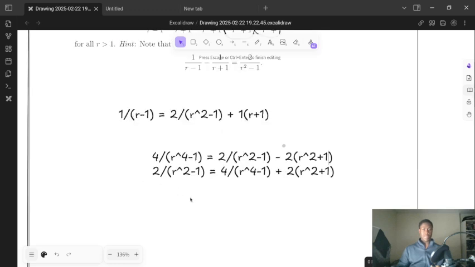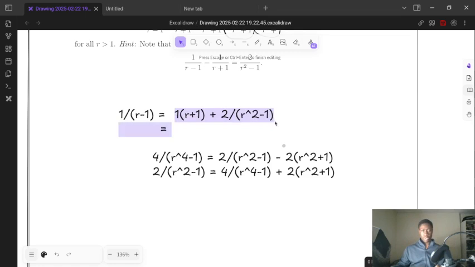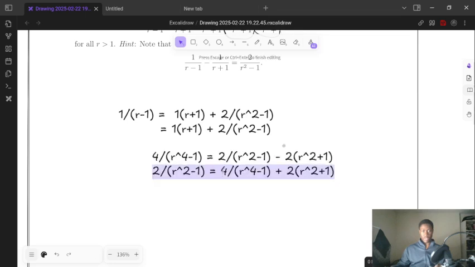And so that means that I can replace what I have here by that. And so here as well, for consistency with what was given, I have this, but this is equal to this, and then what we found here, which is equal to that.